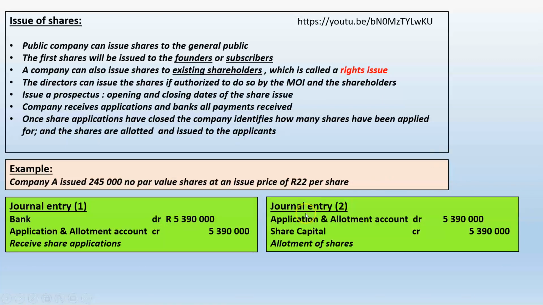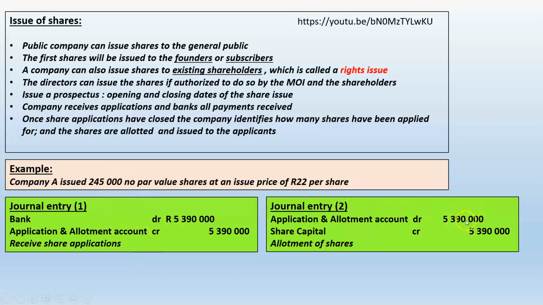Now the date has come, and it was the last date for making any applications to the company. So this is now the end of the story. Now the board of directors has to allot the shares. They were fully subscribed. We wanted to issue 245,000 shares, and we received applications for exactly 245,000 shares.